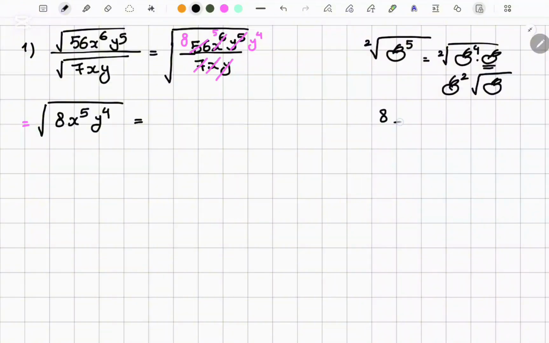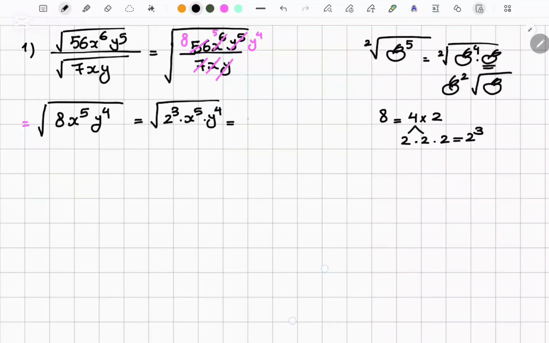So if it's 8, I know that 8 is 4 times 2, and I know that 4 is 2 times 2, right? So 8 is actually going to be 2 to the power of 3. Is that correct? So I'm going to write that first, and then I'm going to move on with simplifying it, okay?